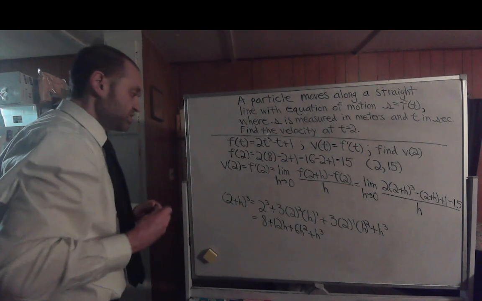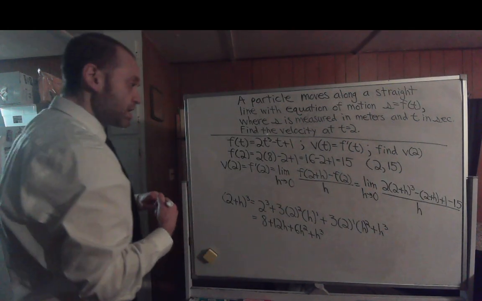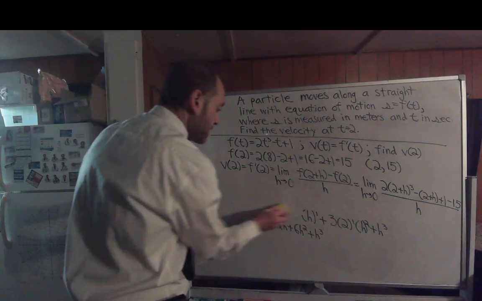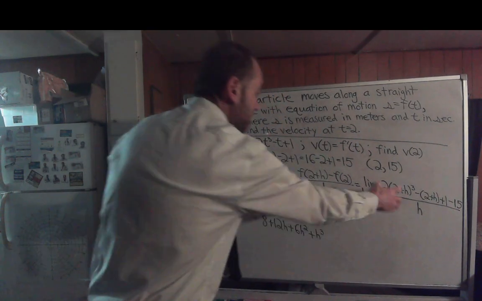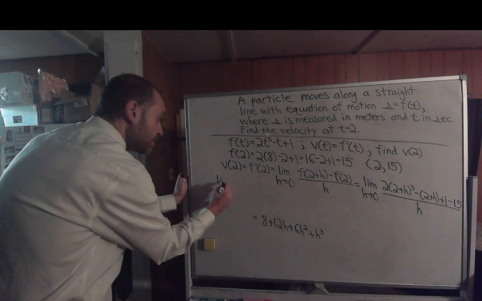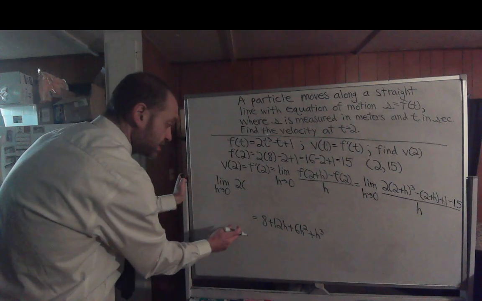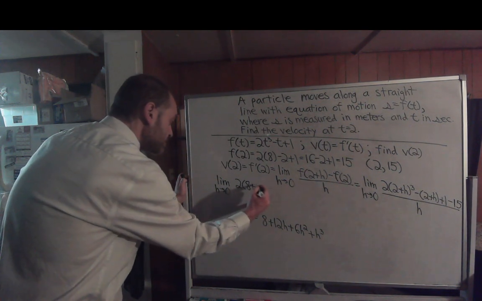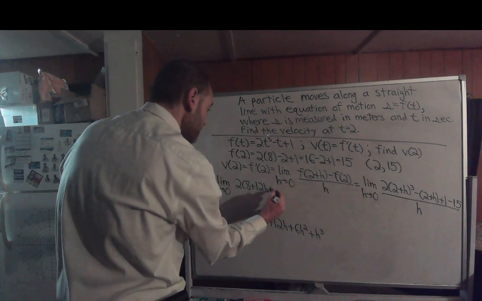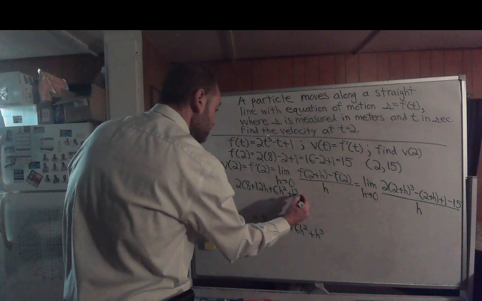So that wasn't so bad now that we've expanded that. So we now have the value of 2 plus h cubed. So I'm going to rewrite this limit here then. So the limit as h approaches 0 of 2 times that, 8 plus 12h plus 6h squared plus h cubed.